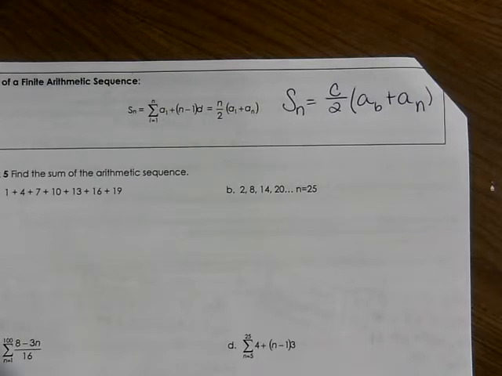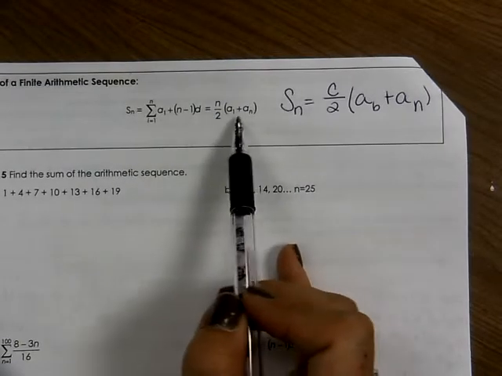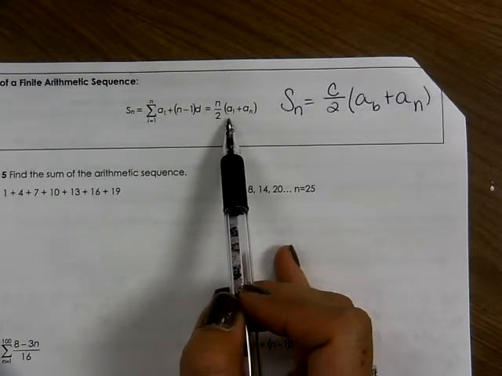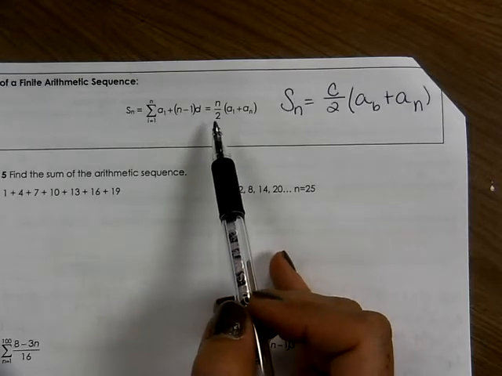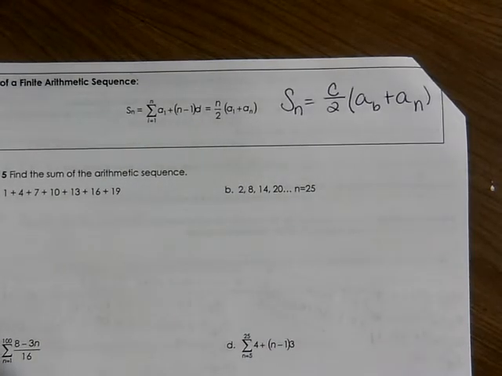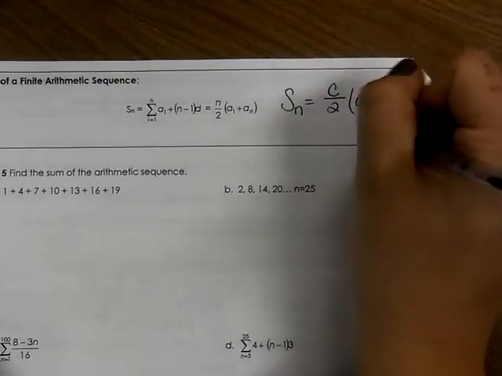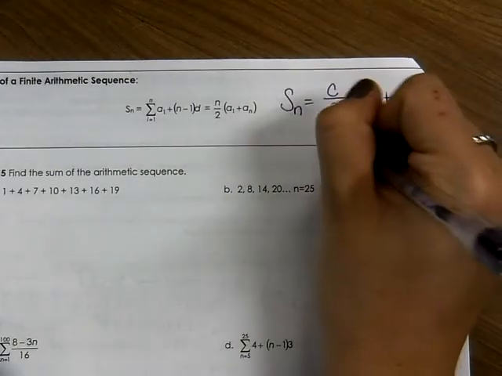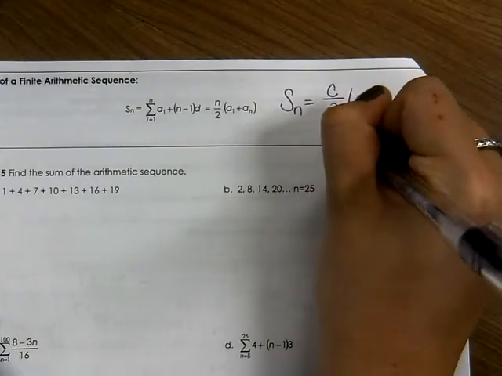The problem with this is kind of confusing, in my opinion, because of this a sub 1. It doesn't mean that it has to be a sub 1. It means that it has to be the first term in the sequence. That could be really a sub 5. So this a sub 1 that I replaced it with is representing the first term.